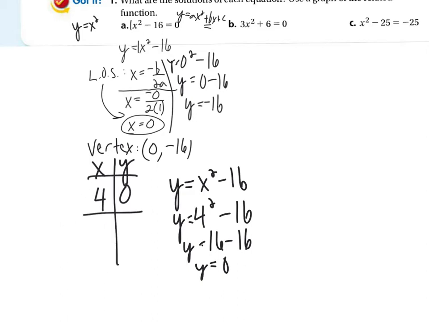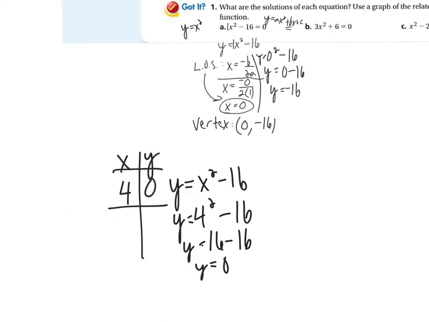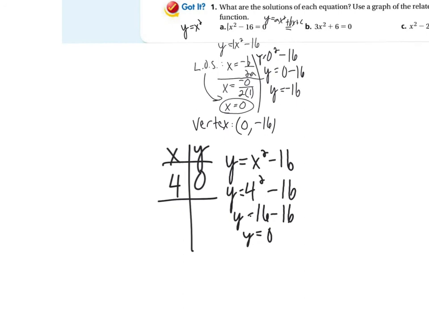And then remember, our line of symmetry is on the y-axis. So we just sketch this out here, I guess. Okay, so we've got 4, 0. Our line of symmetry is this y-axis, x equals 0. Okay.